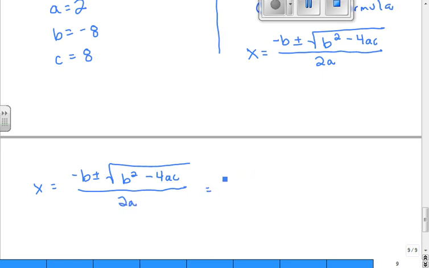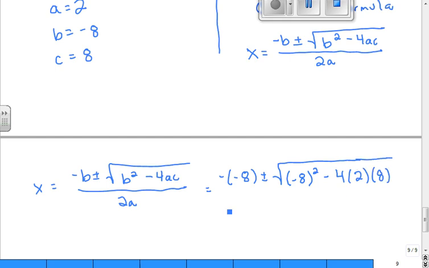So I've got negative 8 plus or minus the square root. Well, my b is negative 8, so negative 8 squared minus 4 times my a, which is 2, times my c, which is 8, all over 2 times 2, because a is 2.